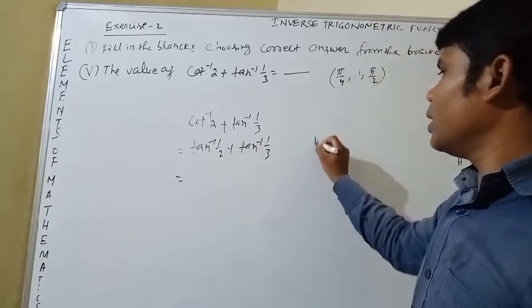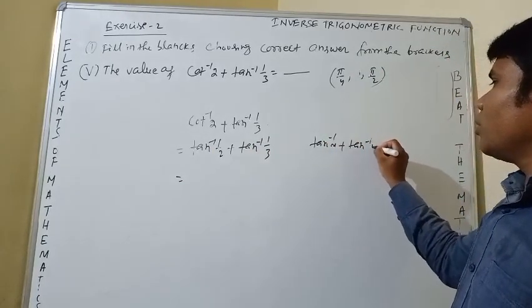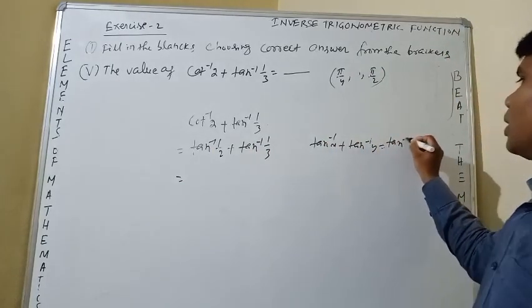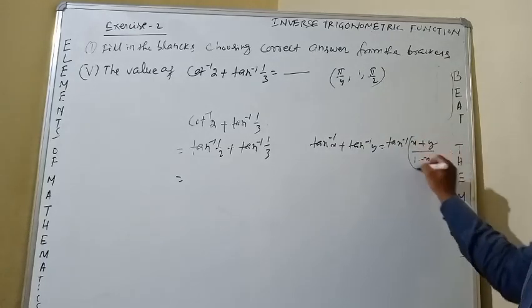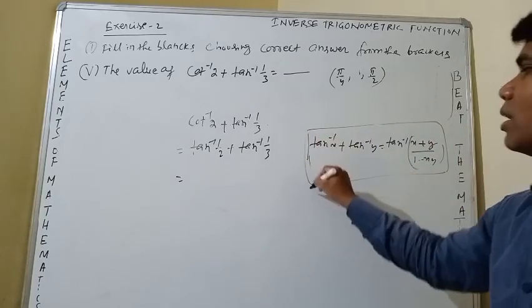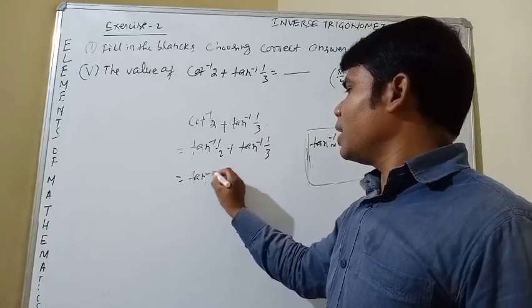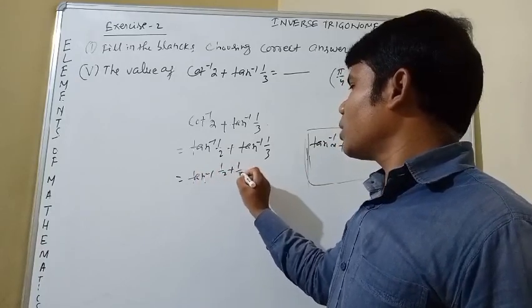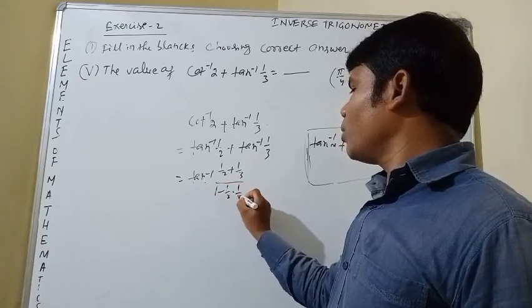You know the formula, tan inverse x plus tan inverse y is equal to tan inverse of x plus y by 1 minus xy. This is the formula I can apply here. Okay, so this is equal to tan inverse of half plus 1/3 by 1 minus half into 1/3.